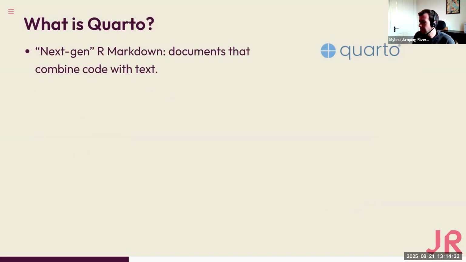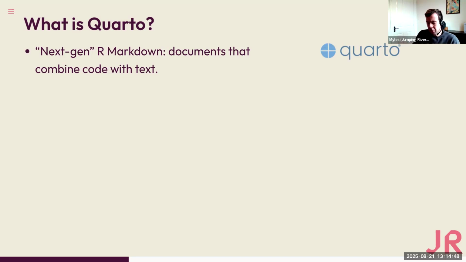So what is Quarto? Quarto is essentially the next generation of R Markdown. R Markdown is basically plain text files, which you can render into a number of output formats.